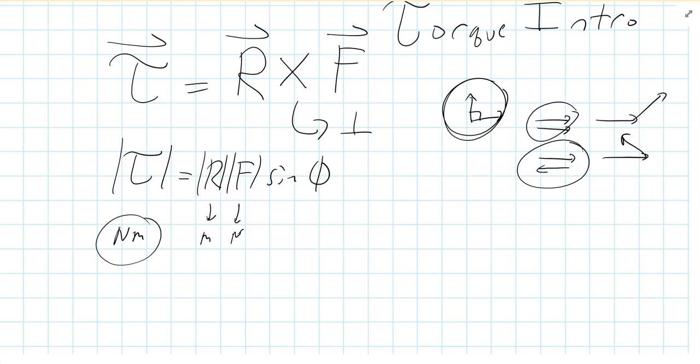Now, when you're calculating torque, and again, torque is what makes things angularly accelerate, or tries to make things spin, or stop spinning for that matter, there are two ways to do it. You have to find how perpendicular one vector is to the other. So let me draw an example.